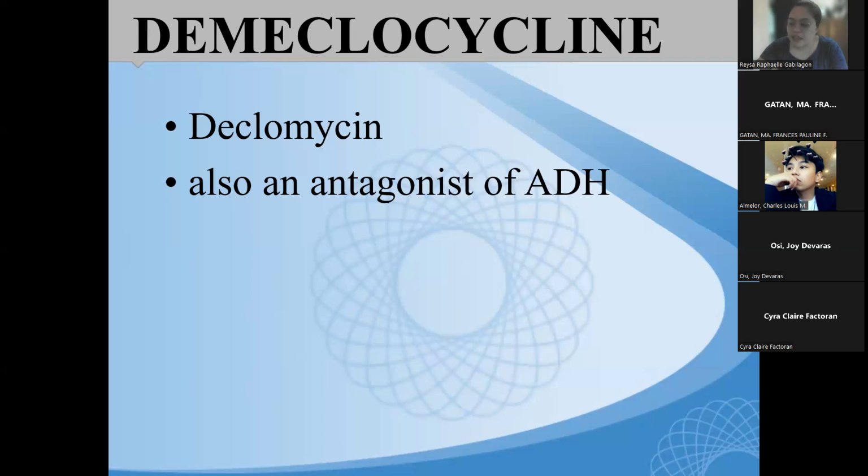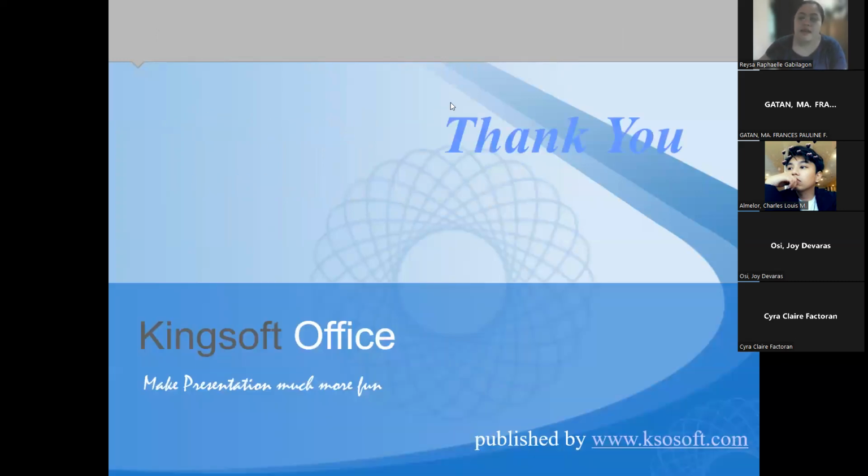Kasi minsan tinatanong ito sa review or sa board exam, ano daw yung antibacterial agent na pwedeng gamitin for example, syndrome of inappropriate antidiuretic hormone secretion. That's again the demeclocycline. Okay, that ends our chapter 18.